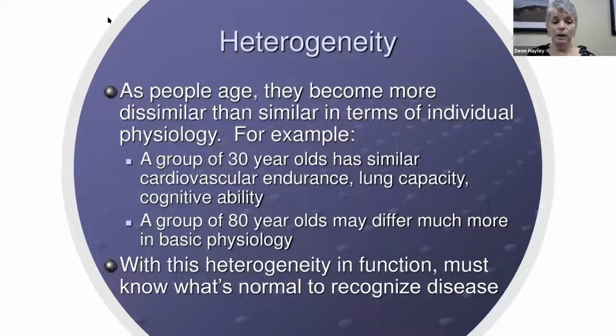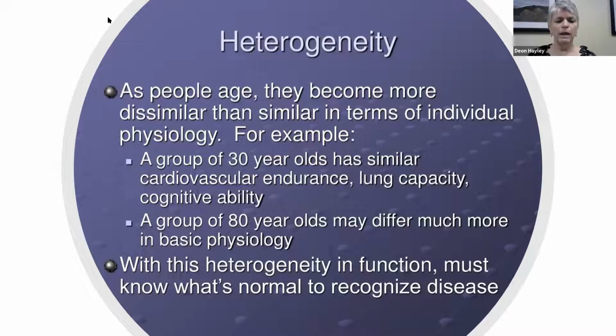And not only are people different, but the older you get, the more different you get. So the example here is, if you took a group of 30-year-olds and you measured their lung function and their cardiac function, there would be pretty narrow variability. There might be a little variability, but they would all fall within a pretty narrow window of what is normal.